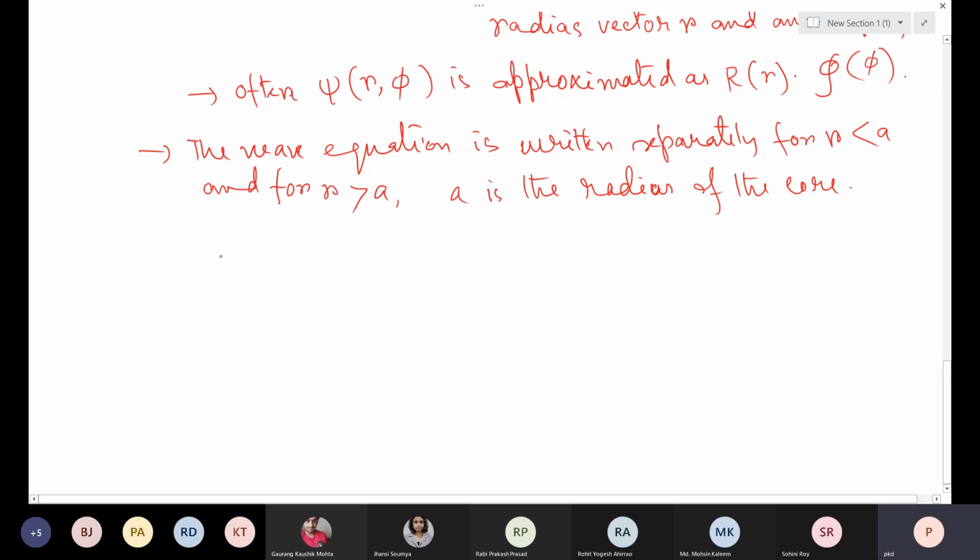So I will not go into detail of those wave equations, but the solution is dependent on the value of a, and of course some parameters.